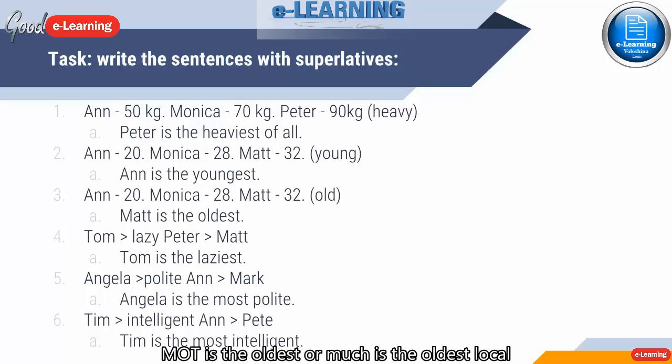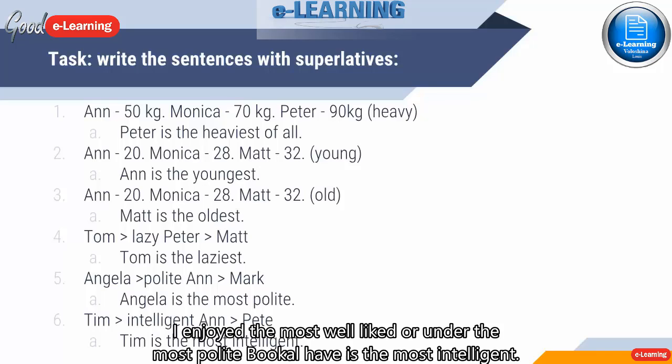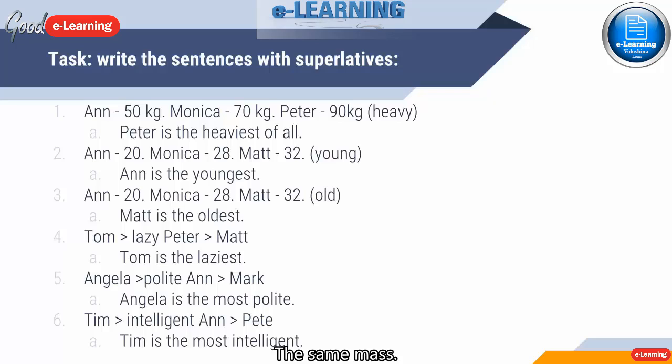Matt is the oldest, or Matt is the oldest of all. Tom is the laziest, or Tom is the laziest of all. Angela is the most polite, or Angela is the most polite of all. Tim is the most intelligent, the same as Tim is the most intelligent of all.